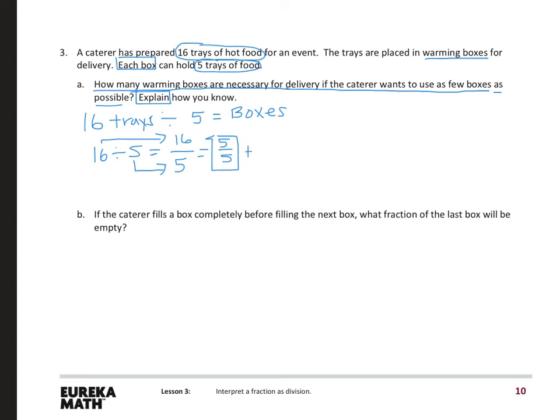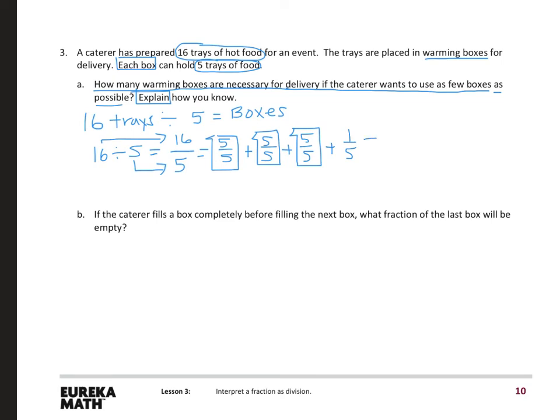I can pull out another 5/5. That's a whole right there. I can pull out one more 5/5 because now, if I count these up, 5/5 plus 5/5 is 10/5 plus another 5/5 is 15/5. And then how many fifths are left over? I would have 1/5 left over.